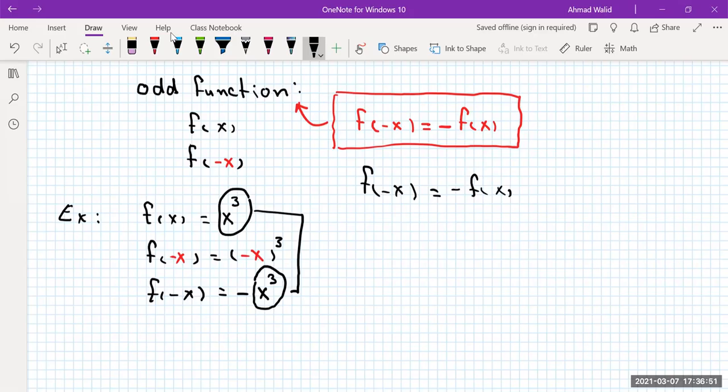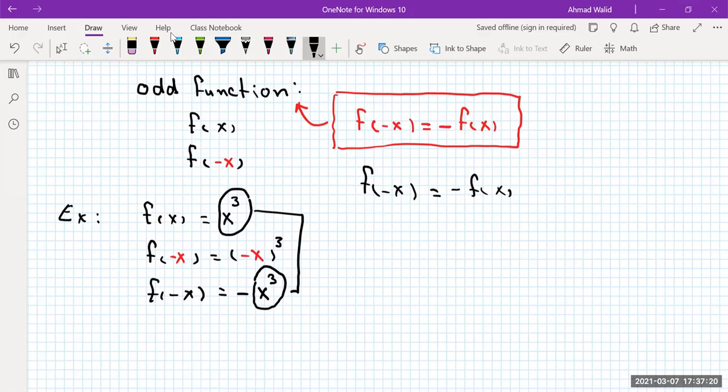Correct? Please don't think this way, that if I have an odd exponent, the function is odd, and if I have an even exponent, the function is even. Please don't make this mistake, because for some functions, even though the exponent is even, they are not even functions.